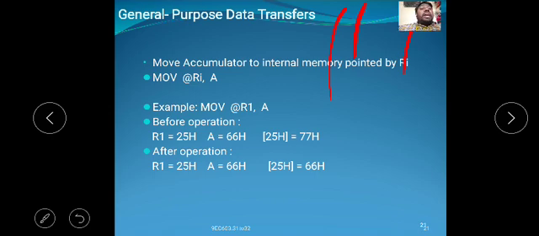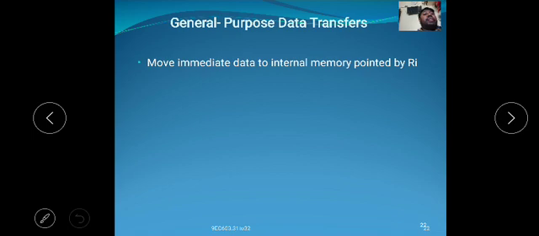The 25 memory location contains the value 77. After operation, R1 is equal to 25H, A is equal to 66. The 25 memory location contains 66. This is the accumulator moved to internal memory pointed by the R1 register.